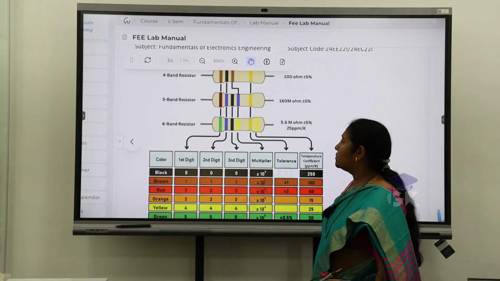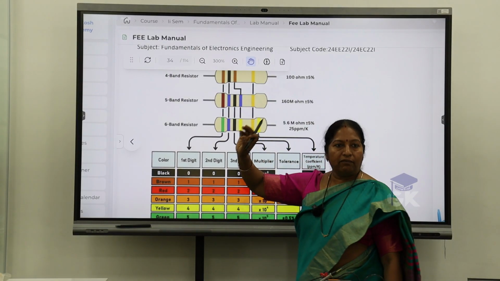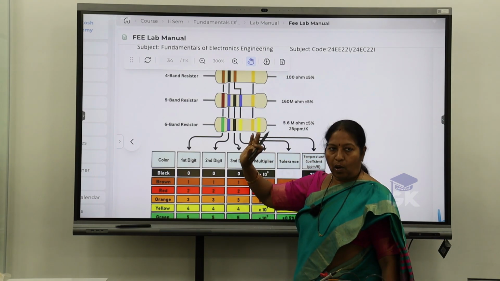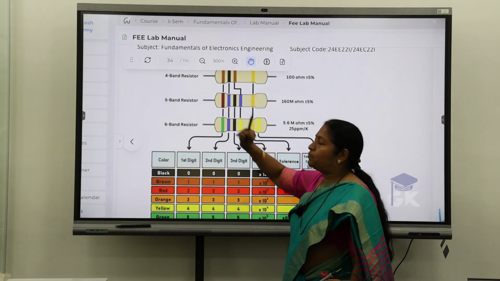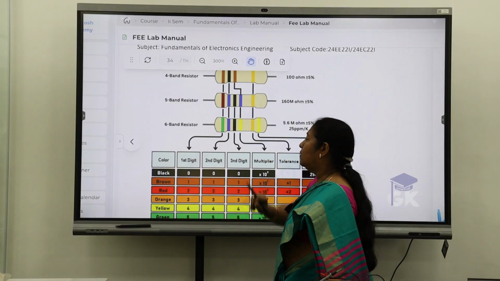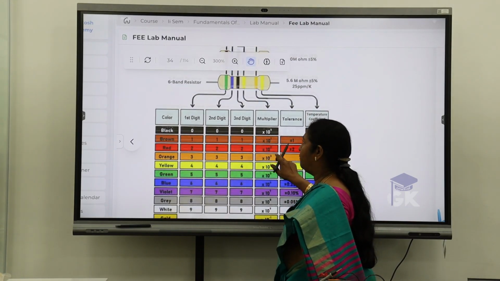Next we have a 5-band resistor. Four bands represent the value of the resistor, and the last one is for tolerance. Now this one is brown, and the value of brown is 1. Next we have violet. What is the color code violet represents? 7.